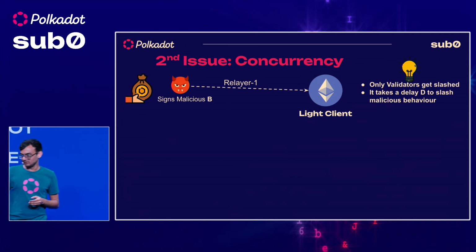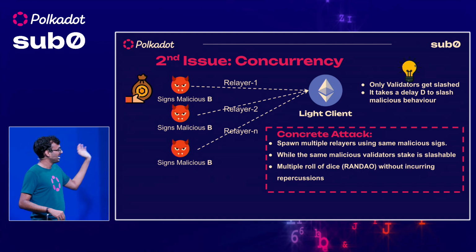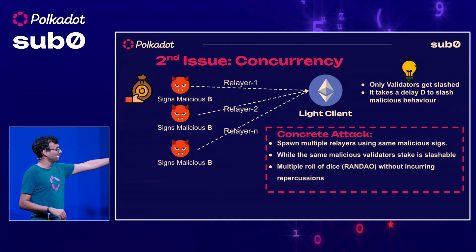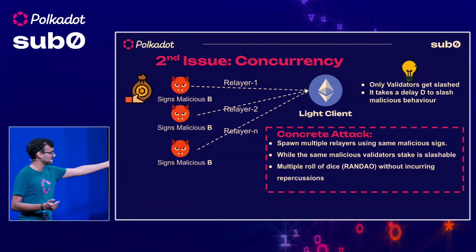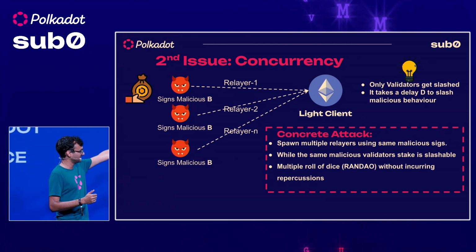During that delay, they can spin up multiple relayers and try to dupe the light client. In the concrete situation I have described here, you spawn multiple relayers, but using the same malicious signature.